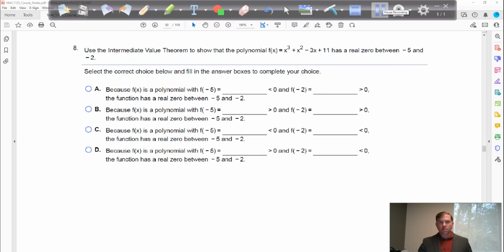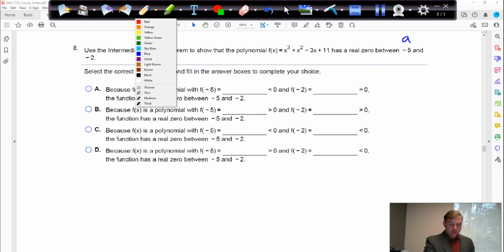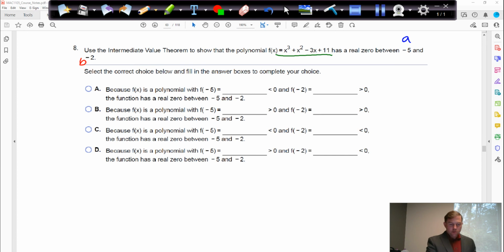Okay, if we get all those drawings out of the way and we understand that, then these problems can be pretty quick, because I just have to plug in negative 5 and negative 2 into this polynomial and see if they have different signs.